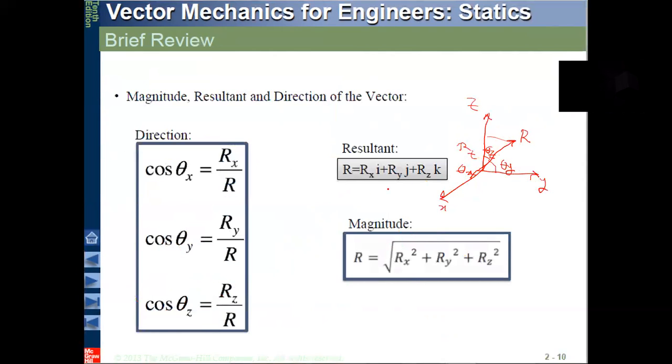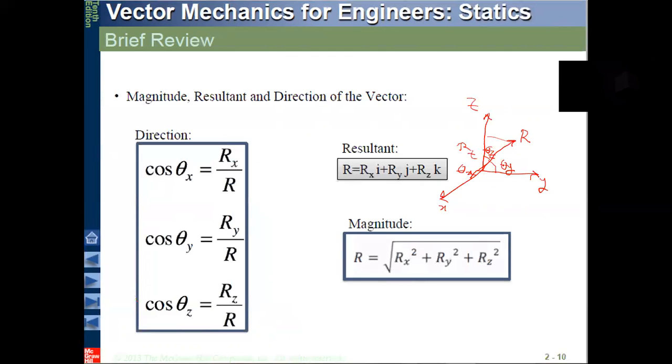So, for example, cosine of theta would equal Rx over R. And you can see in this figure that if you multiply R by cosine of theta z, you're going to get the component in the z direction.